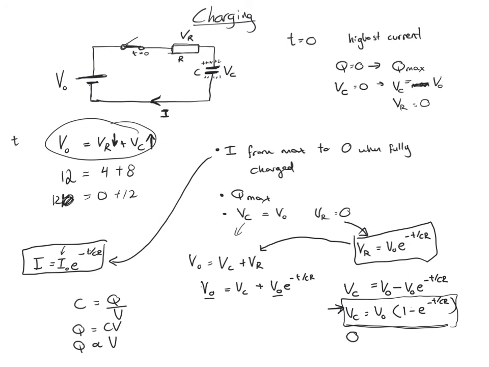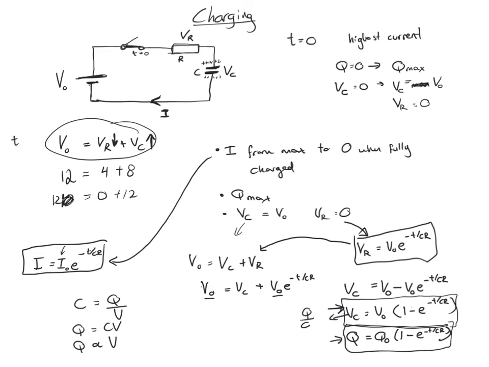So we can rewrite the expression for charge of a charging capacitor as Q0 times 1 minus e to the minus t over CR. It's the same thing as substituting Q over C in this expression. Since capacitance is the same, it cancels out and you're left with this expression fully.